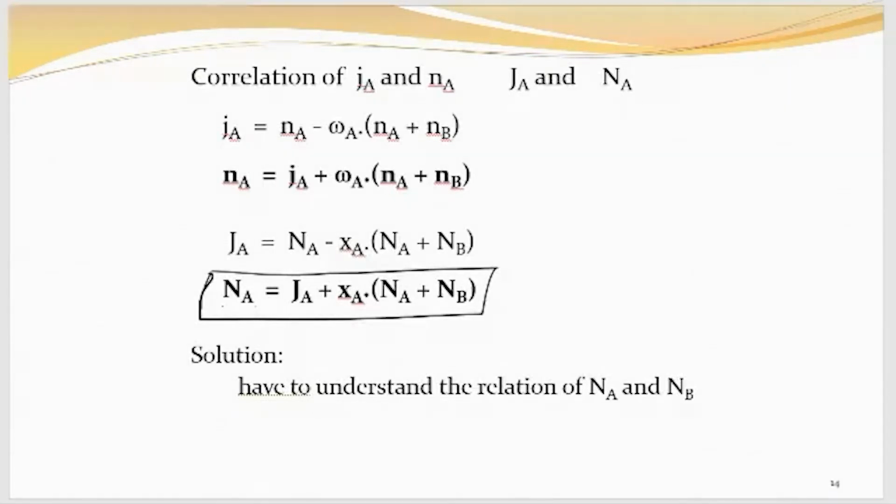In the momentum and the heat transfer, the correlation of the combined heat or the combined momentum transfer doesn't look like this. So the combined mass flux equation is a bit different, looks like this.